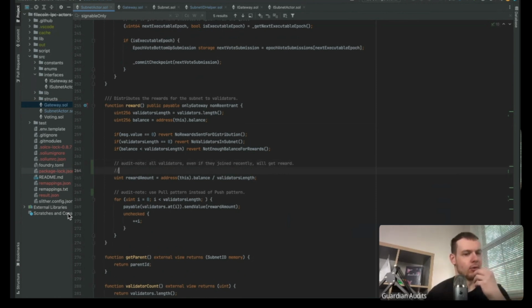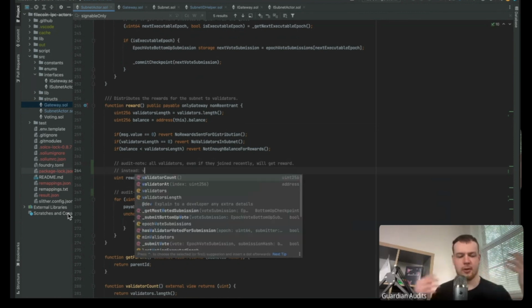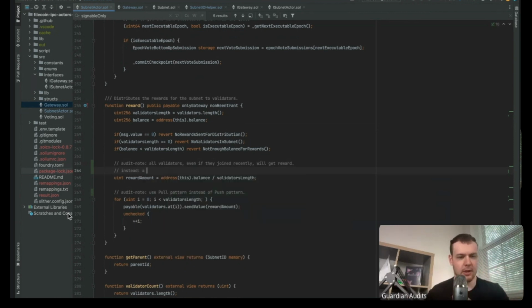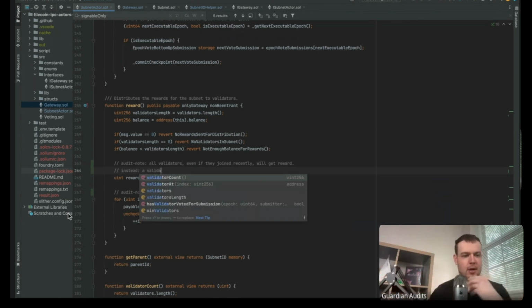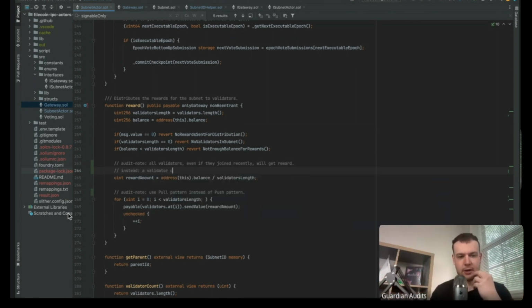And so what the reward function could look like is, instead of divvying up rewards to specific validators, you divvy up rewards for a specific epoch, and then the validators could come and claim their rewards for an epoch or something like that. There's probably a better way to do it than that, but something interesting, yeah, exactly like you're saying.